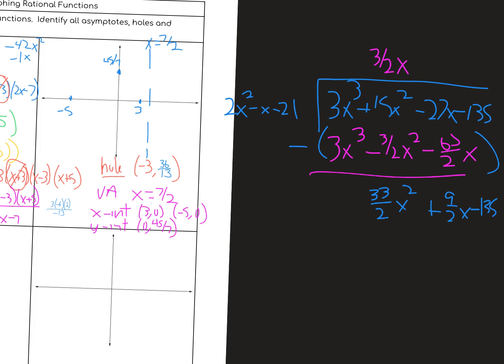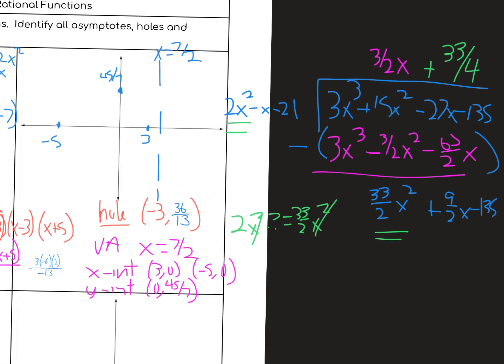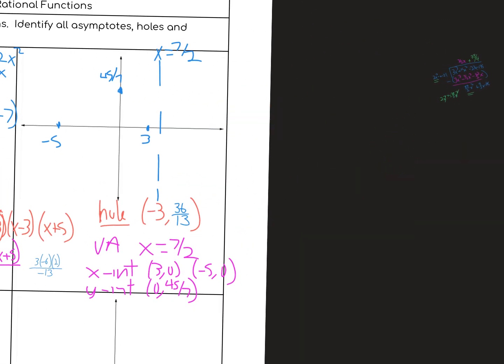Now I just got to figure out 2x squared times what is 33/2 x squared. These are some funky numbers. And x squareds go away, so that's going to be 33/4. So that's going to be, get out of here, that's your oblique asymptote.